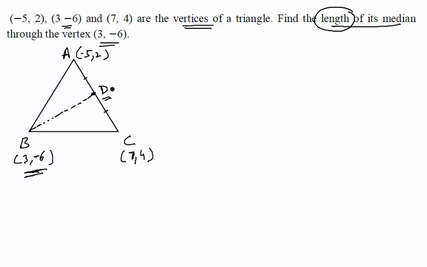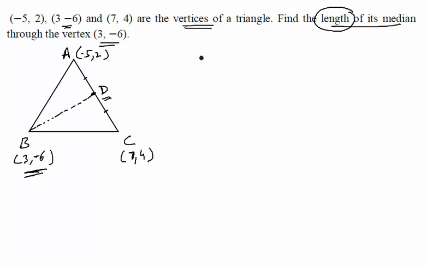First, we will have to find the coordinate of point D. And how would we do that? We already have one more piece of information, that D is the midpoint of AC, which means that I can use the special case of section formula, which is the midpoint formula, right?